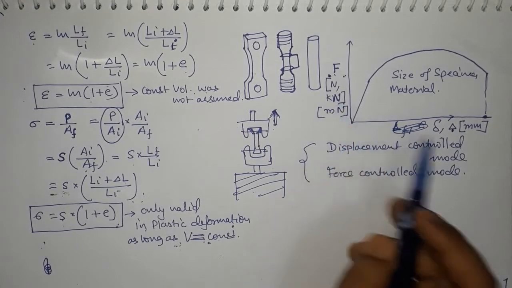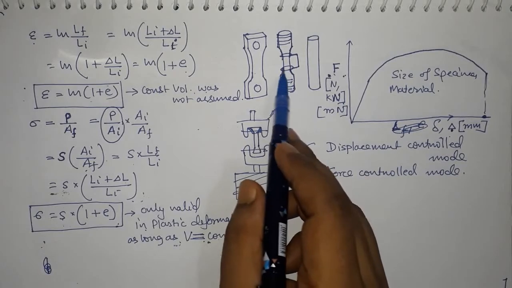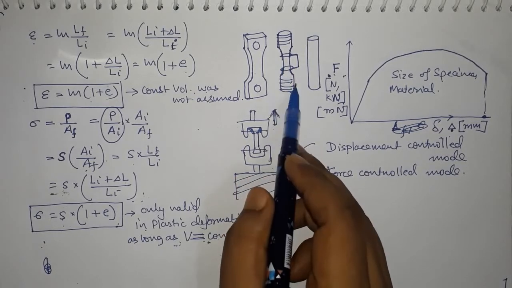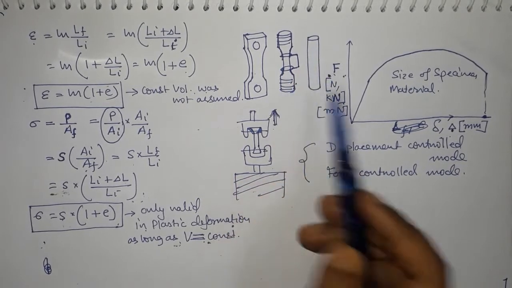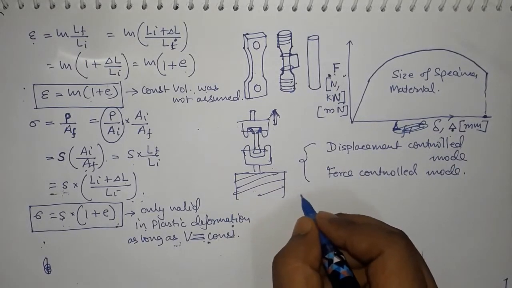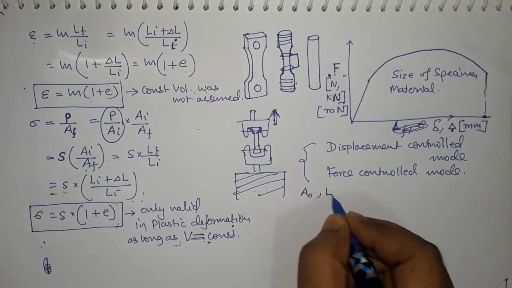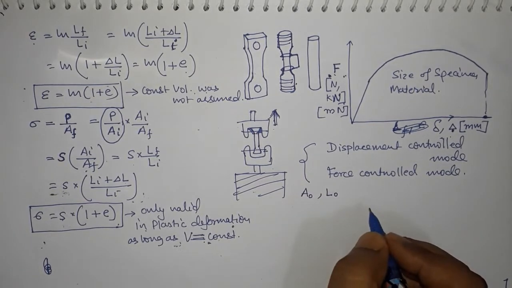So you have the values of forces, and you also have measured before testing the initial area of the specimen and the initial gauge length of this specimen. So before testing, you calculated the initial area A0 and the initial length L0.